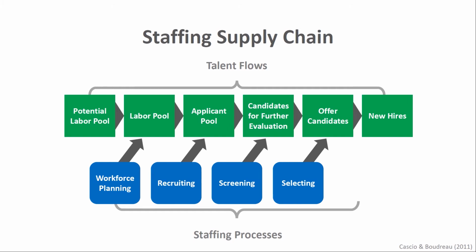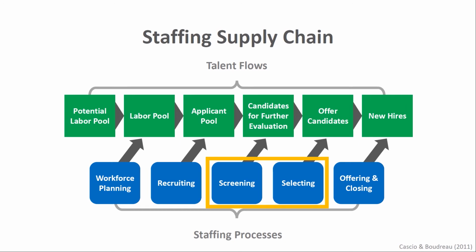Through selecting, we ultimately identify those people that have the highest level of talent, or in other words, are going to be the best fit for our position vacancy. Then ultimately we offer and close by extending that job offer, and if the person decides to accept it, bring them in as a new hire. So from an employee selection perspective, we're going to be focusing really on screening and selecting, which you can see here.